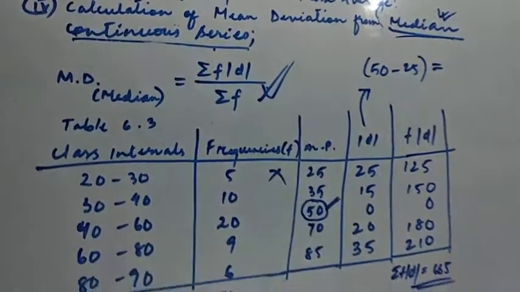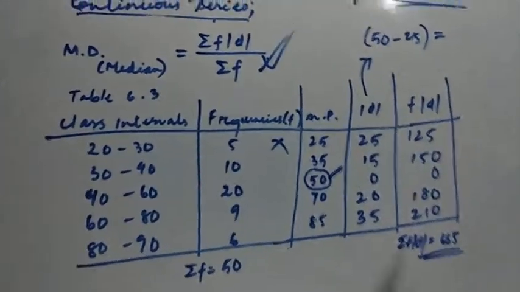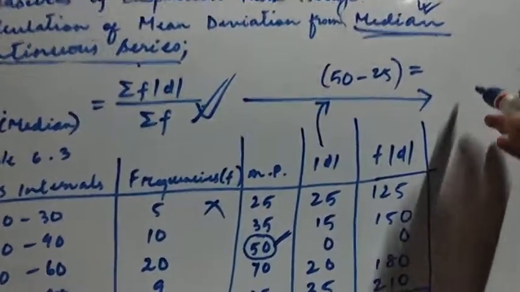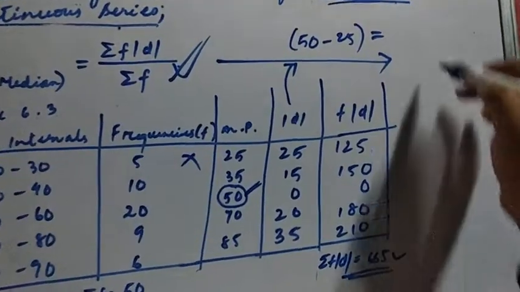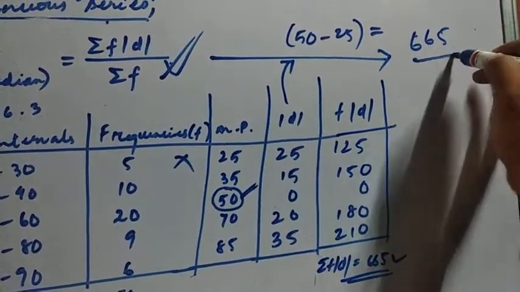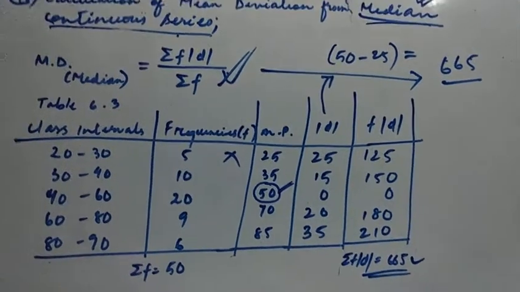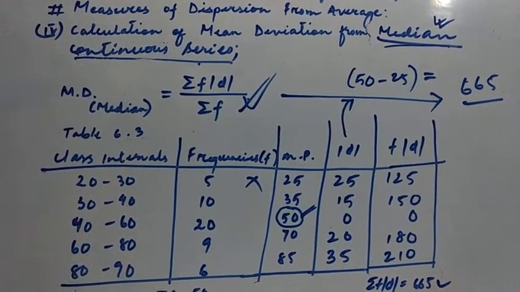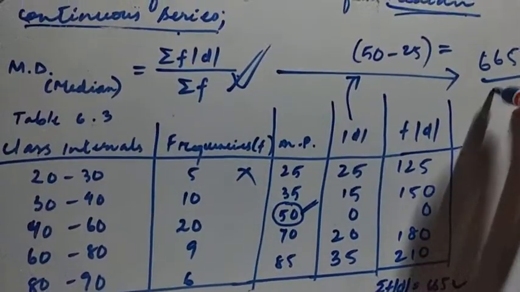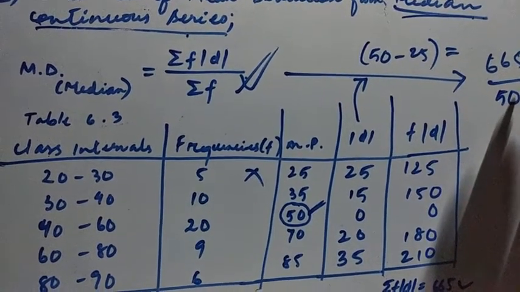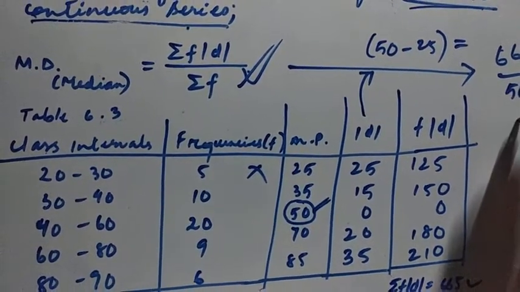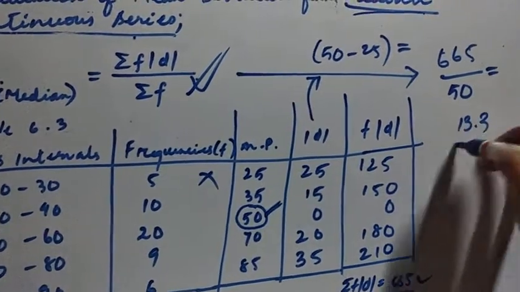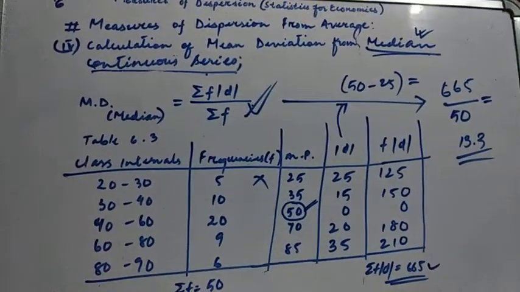You substitute the values in the formula: summation FD is 665 divided by summation f, and summation f here is 50. So the answer you will get is 13.3.